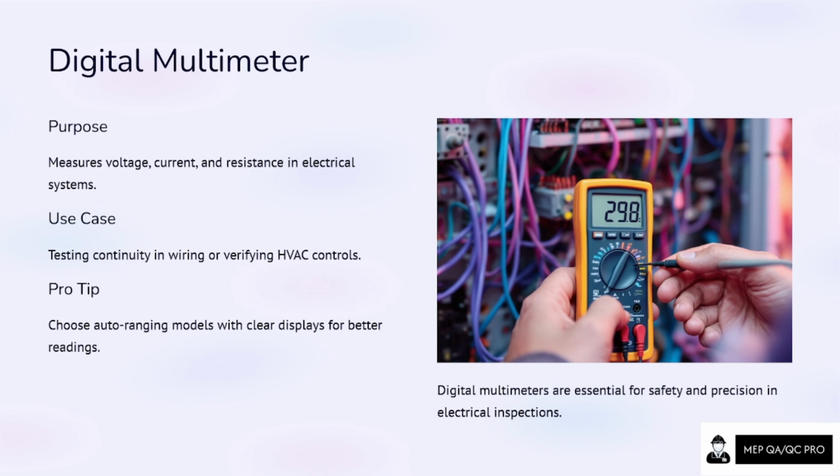So the multimeter is also a time saver, ensuring that the work done at site has the correct current and resistance values, which you get through the digital meter. This is also an example which will help your inspection as well as safety and precision in the work performed at site.